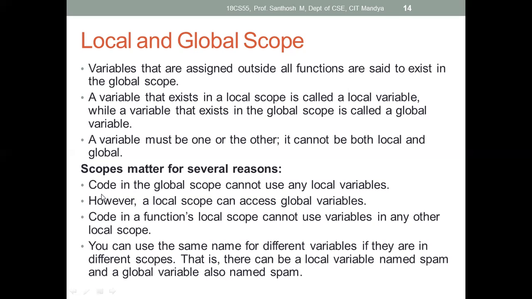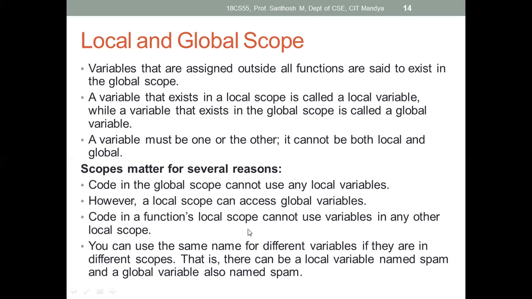However, a local scope can access global variables. Yes, local scope code can access global variables, but global scope cannot use any local variables. Local variables can access global, but global can't access the local variables.